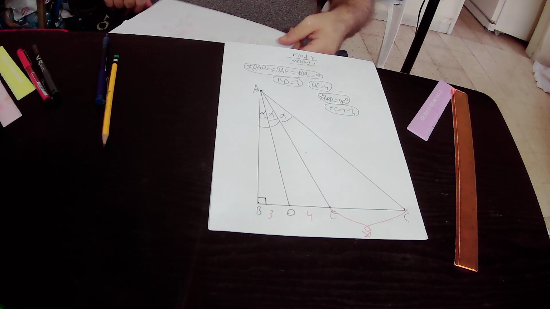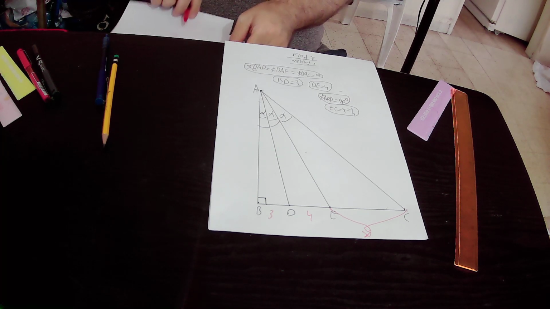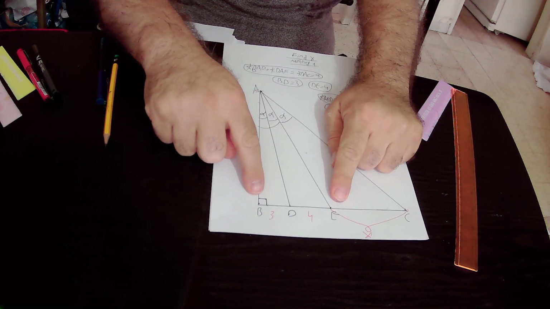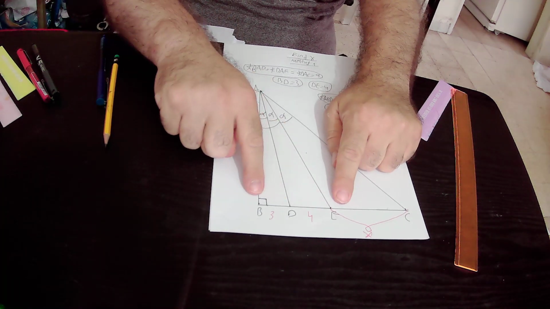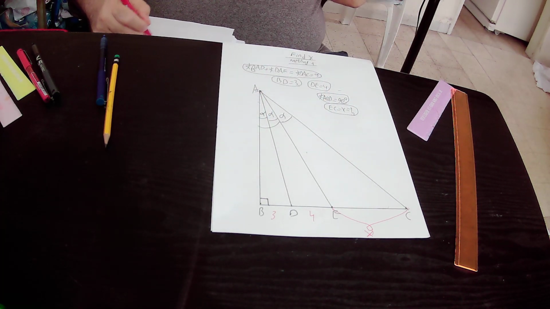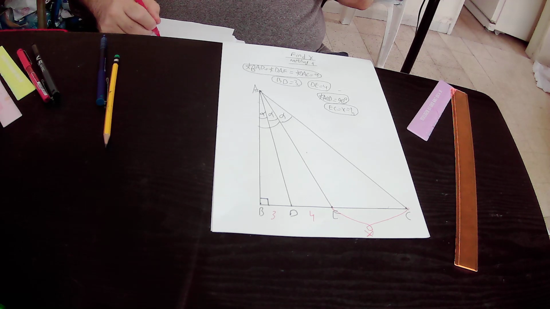But what is the value of BE? From the drawing, we can see that the value of BE is 3 plus 4, that is to say 7. And what is the value of AB? According to our definition, we have already found out that the value of AB is 3 times root 7.